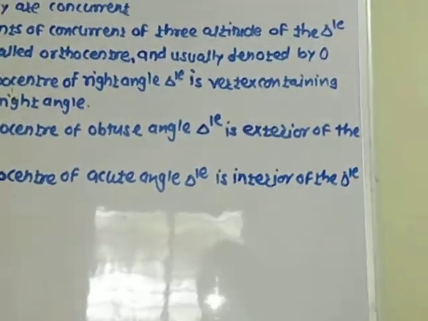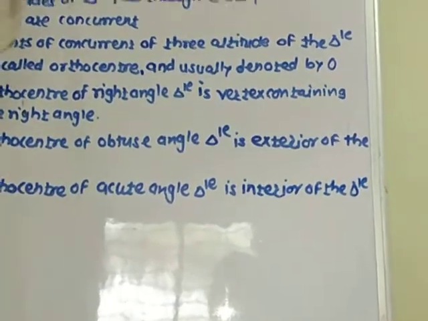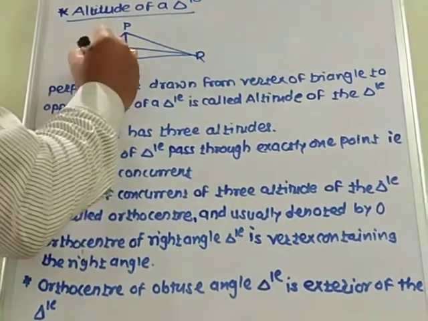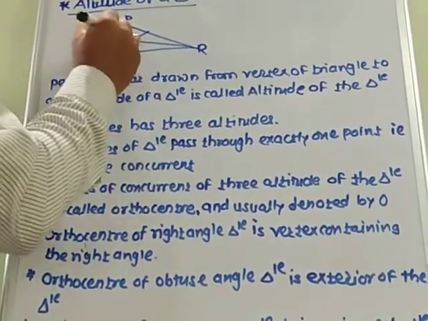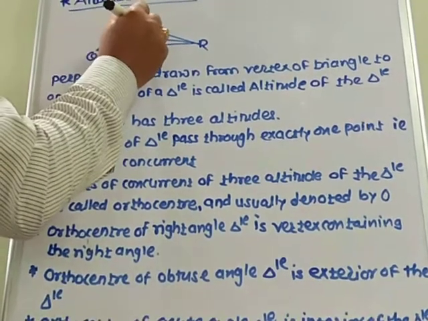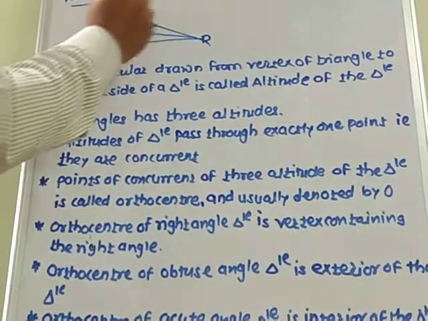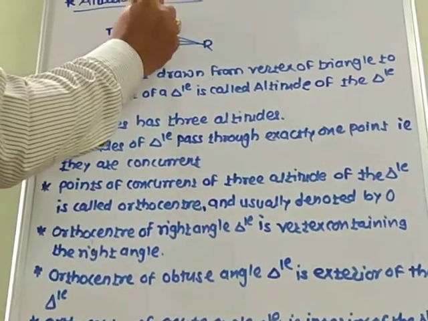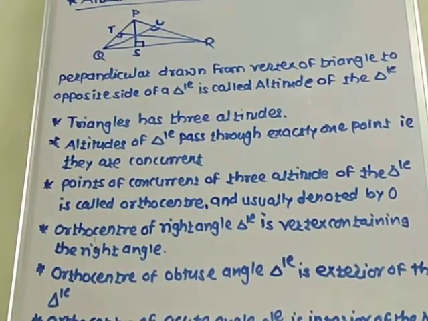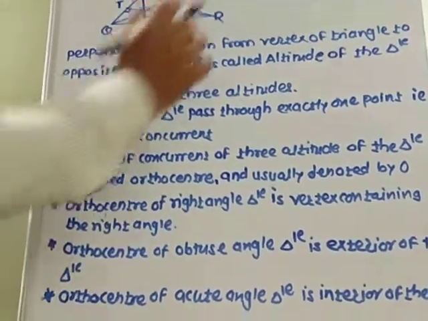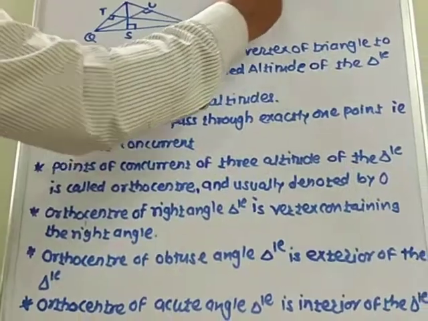That means here are three altitudes. This is 1, this is 2 and this is 3, and the orthocenter is S. Suppose this is a right angle triangle. This is the orthocenter in a right angle triangle.